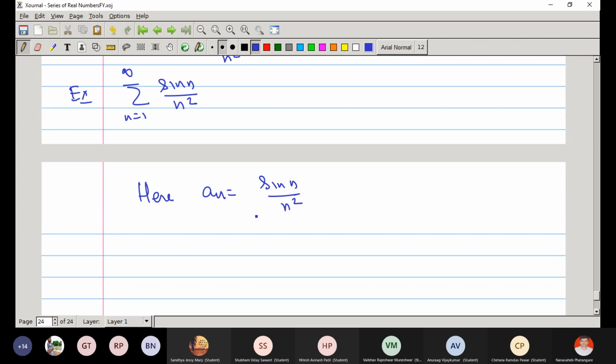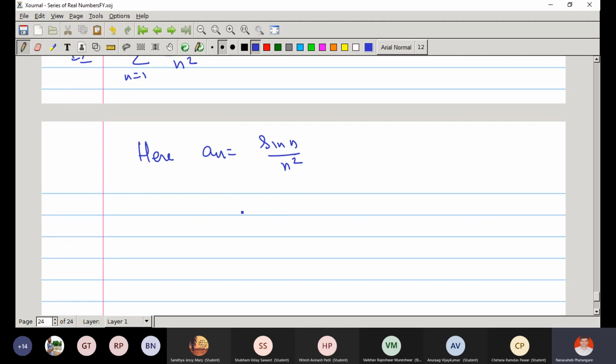Now, can you compare it with another series? What is the absolute value of an? The absolute value is less than or equal to 1 by n square. Am I right?